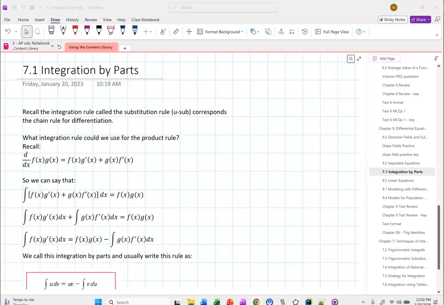Today, the plan is we're going to do section 7.1 and 9.5. So 7.1 is integration by parts, and 9.5 is talking about another type of differential equation called a linear differential equation.